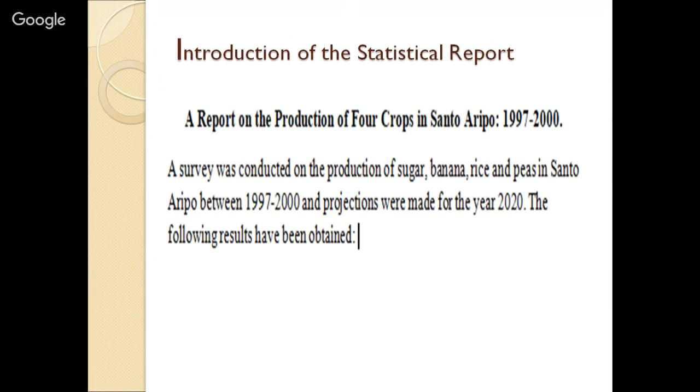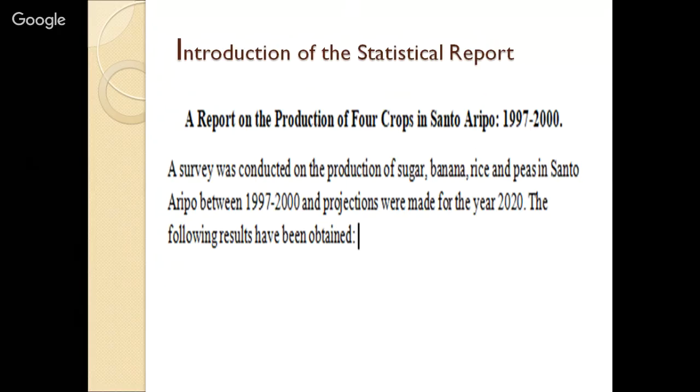Now, this is our intro, the sample intro that was taken from a complete English course. The important thing you need to remember in your intro is that you need to tell the years that are being covered. You need to tell the crops or the categories that are being covered. So basically you can say, a report of the production of.